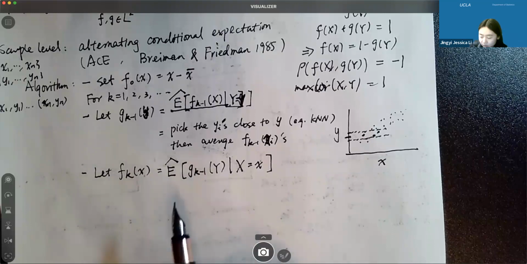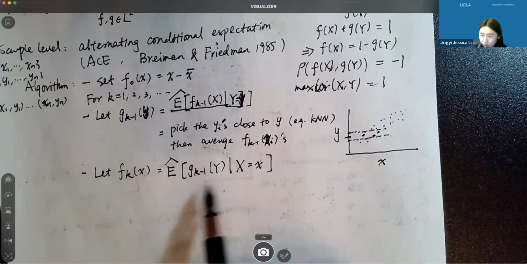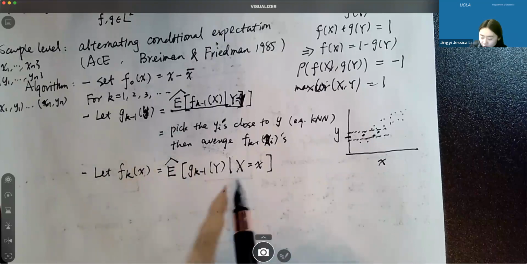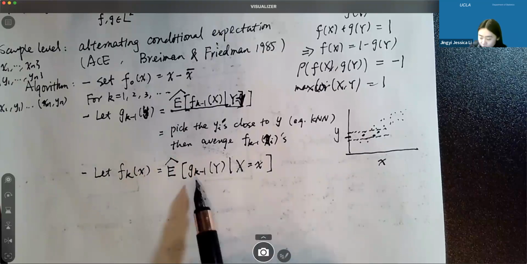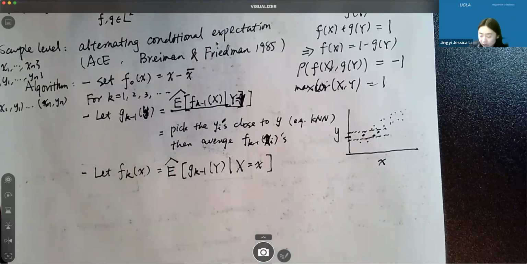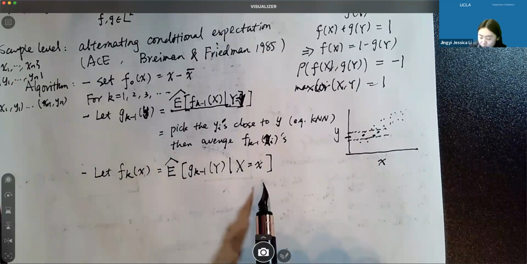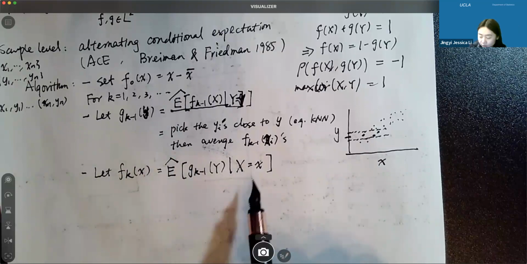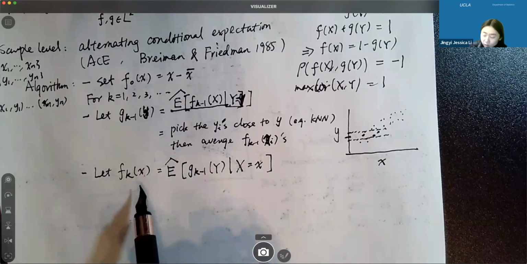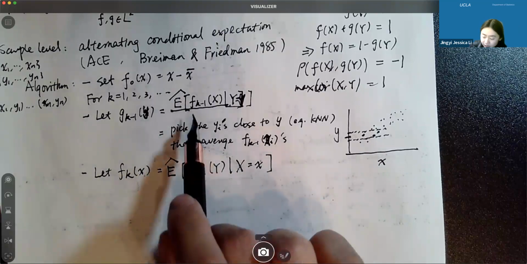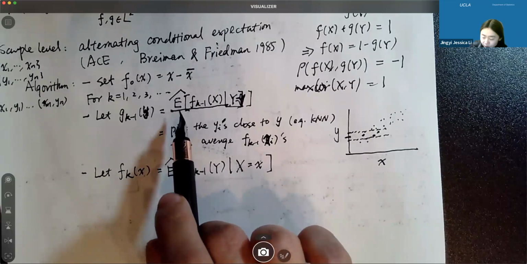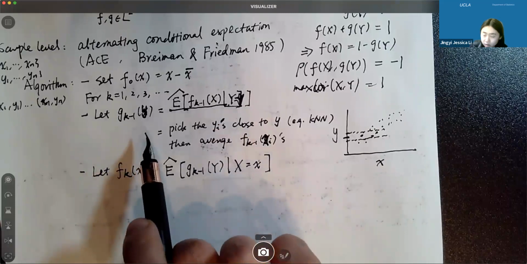Once you take the conditional expectation, the result is a function of your condition, because what's before it is averaged over in the expectation, but you are left with the condition. So this conditional expectation by definition would be a function of small x, and that's what we want. Similarly, here the conditional expectation would be a function of small y, and that's what we want.